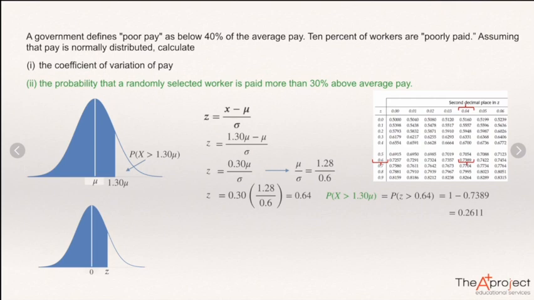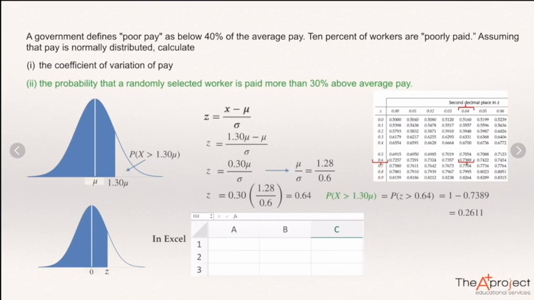If you are using Excel, for example, you don't have a table, so in Excel it will be 1 minus the probability distribution of this value z that we have, that is 0.64. So let's open Excel. In whatever cell of Excel, you can type 1 minus.